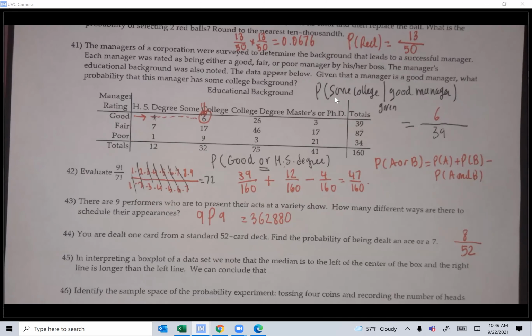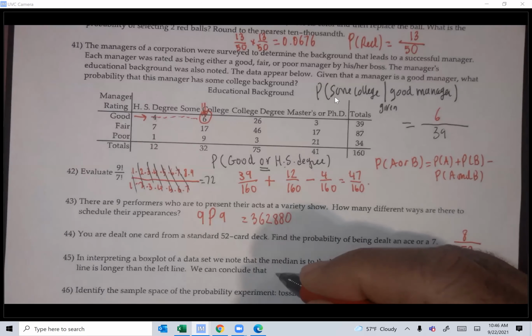In interpreting a box plot of a data set, we know that the median is to the left of the center of the box, and the right line is longer than the left line. So this is what we have.